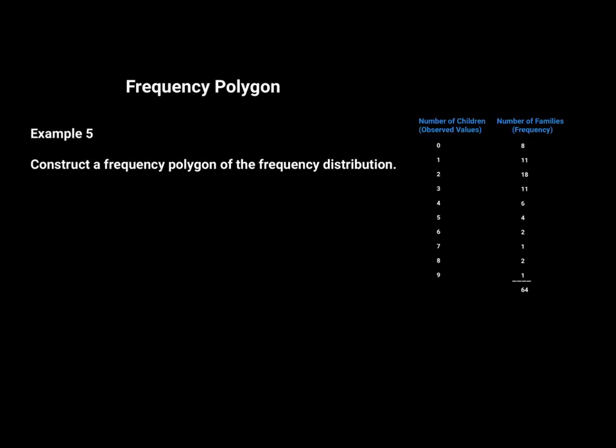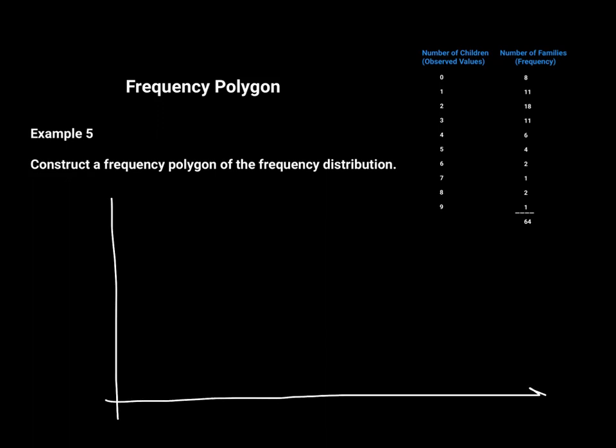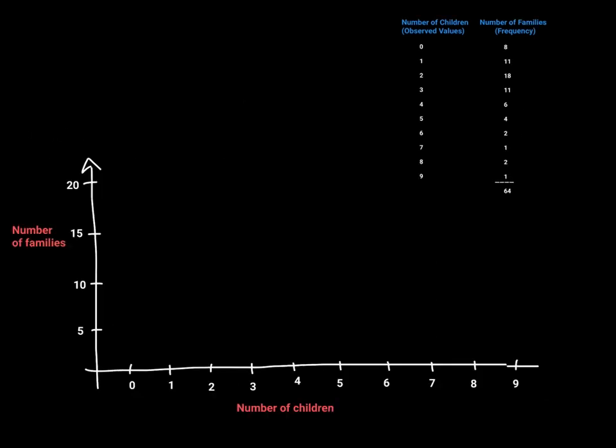Okay, so here we go. So here's our number of children and number of families. That's our table right there. And let us set up our horizontal and vertical axes. All right, so this part is the same, okay? All right, here we go.